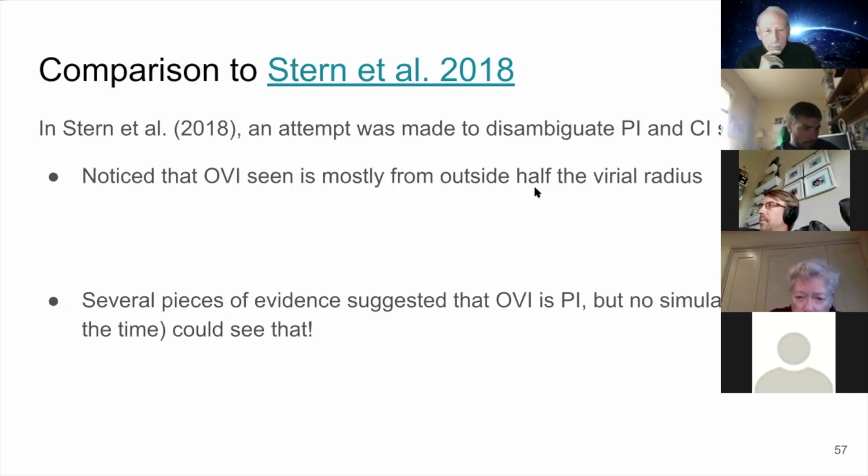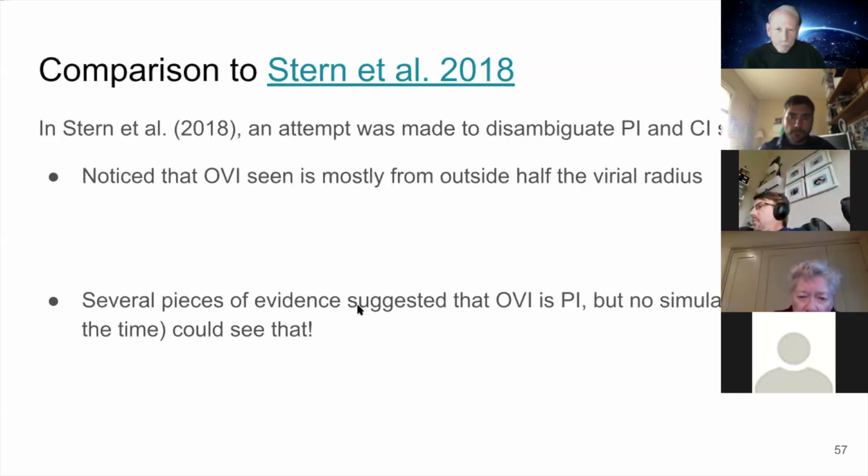Even though most of the sight lines were within half the virial radius by impact parameter, remember that impact parameter is just the minimum distance and not the overall distance of a certain cloud of gas. If you actually do a transformation on it, called an inverse Abel transformation, then you'll see that it seems like most of the oxygen 6 is actually from outside that region, and that oxygen 6 is mostly photoionized.